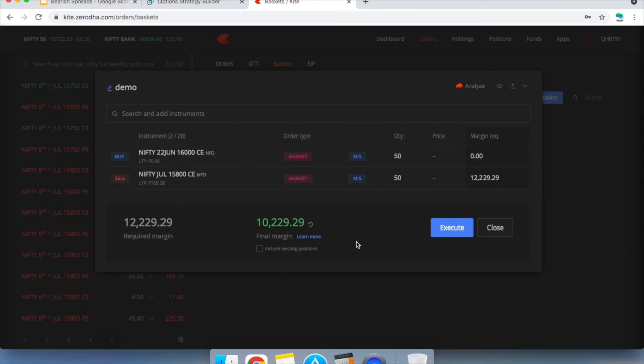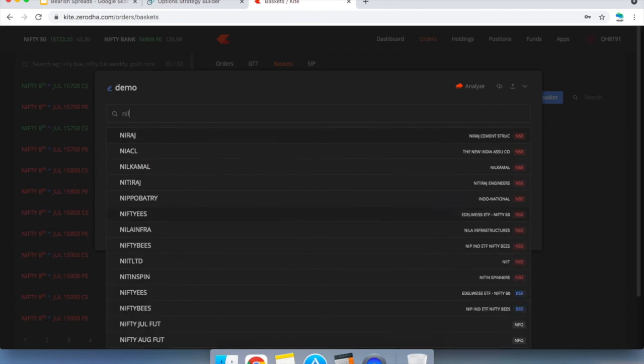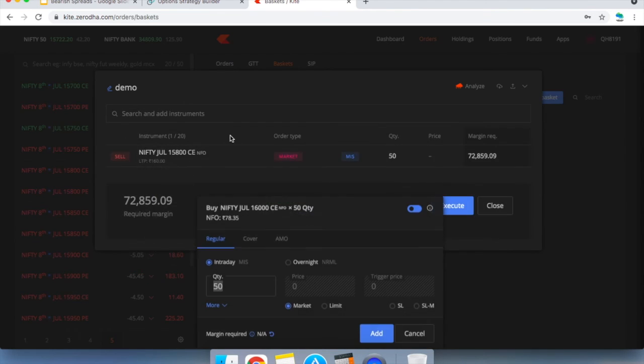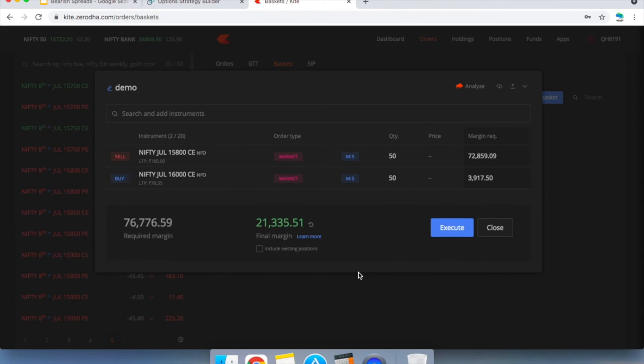So this is a bear call. Right, so there's a mistake here. Nifty July 16,000 call we are buying. So it's coming to 21,000. Okay, so that's a bear call spread that is constructed. So we just have to execute that. The margin requirement is what we see here.